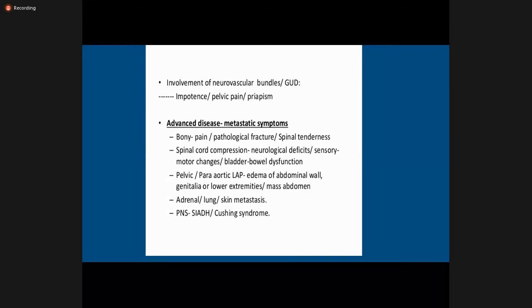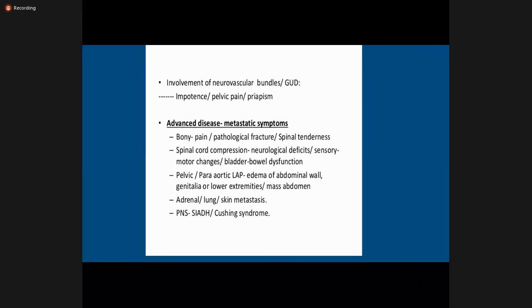If somebody is having involvement of the neurovascular bundles, then he might have impotence, pelvic pain, priapism. Advanced disease will have bony pain, pathological fractures, spinal tenderness.